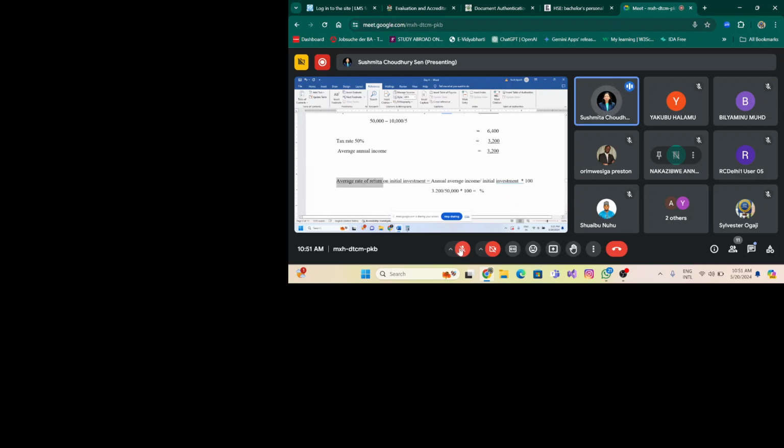I'm just copying the content from here. I hope you all are noting down. Average investment. So here also the formula will change.